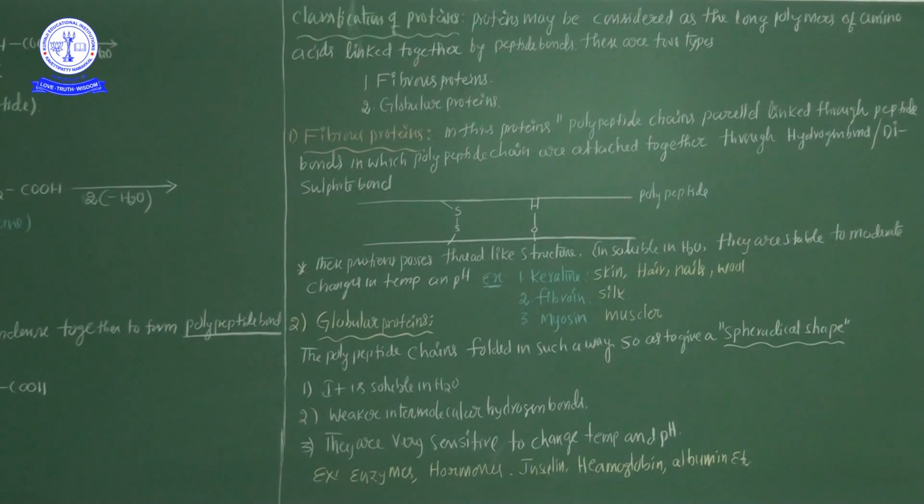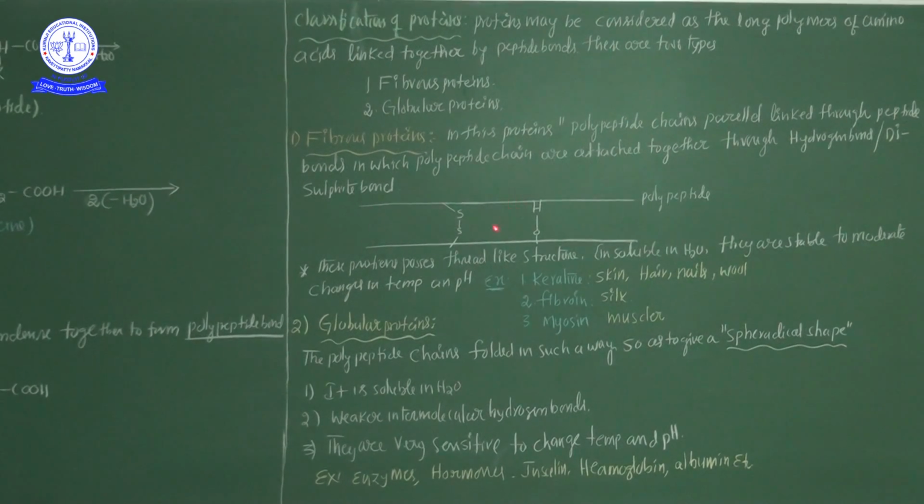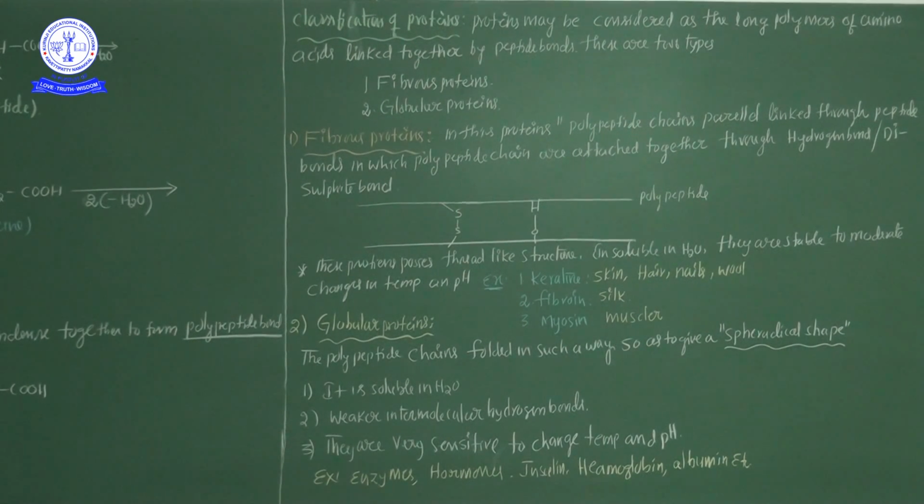For example, see, this is a polypeptide chain, this is a polypeptide chain. In between the polypeptide chains, hydrogen bonding or disulfide bonds are there, that belongs to the fibrous protein.